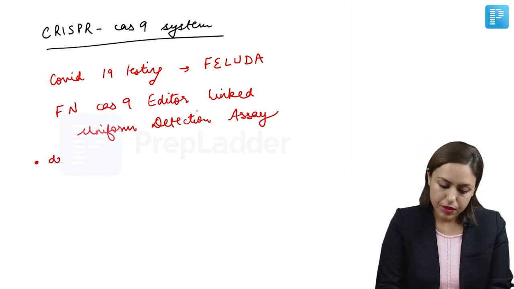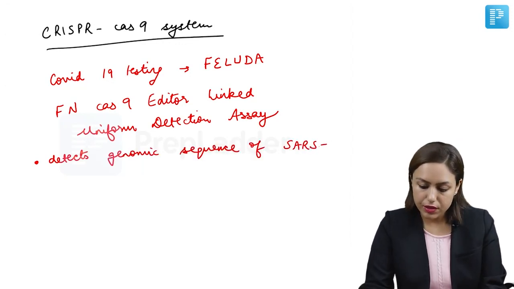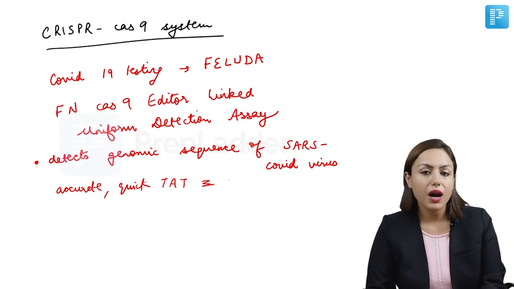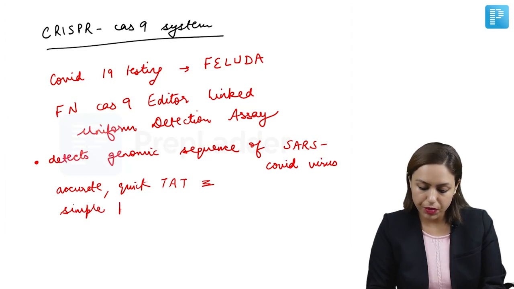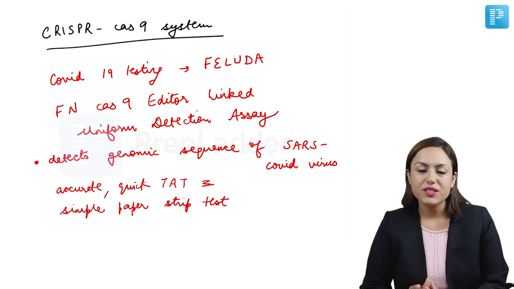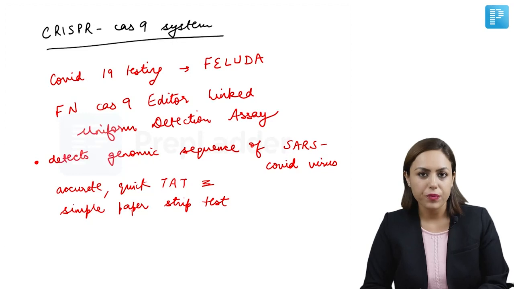This system detects the genomic sequence of SARS-CoV virus, right? It is more accurate and has a quick turnaround time as compared to RT-PCR, which was used earlier, and it is a simple paper strip test, like a pregnancy test. So mass detection is possible through this because it has better ease of use as it is a simple test, so a big lab is not required. Okay, so this way CRISPR was used in COVID detection also.